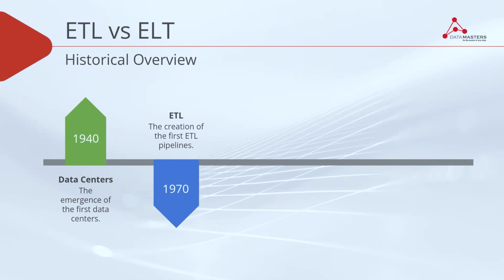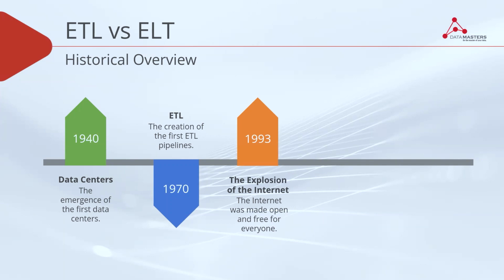In this period, the volume of data started slowly to grow, and many other tools were created in order to tackle this problem. As time progressed, technology also exploded exponentially, and in 1993 we had the biggest explosion, which was the internet.